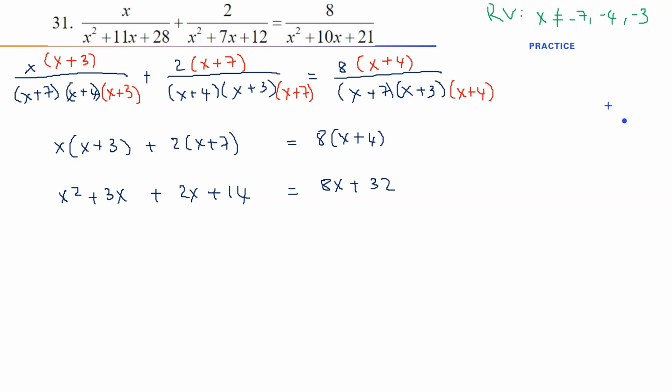Alright, we have x squared. 3x plus 2x is 5x.